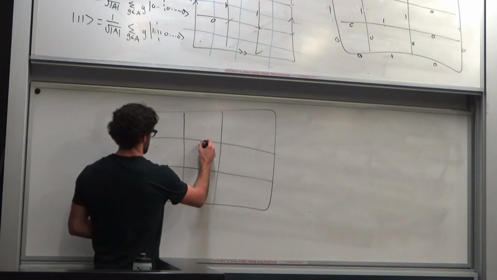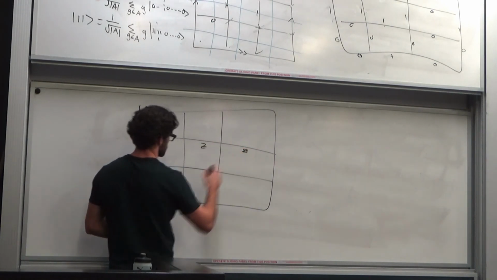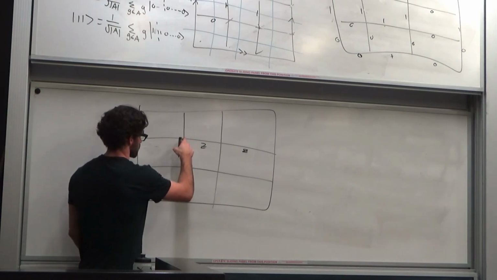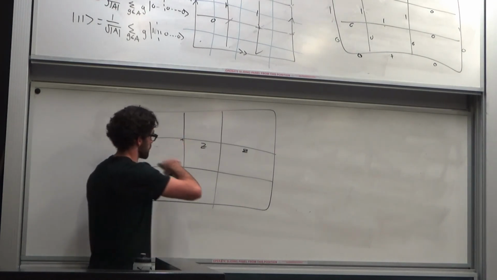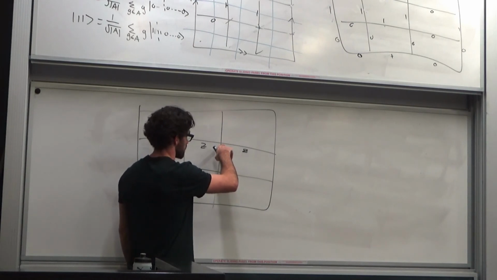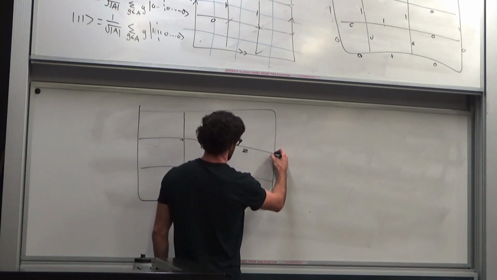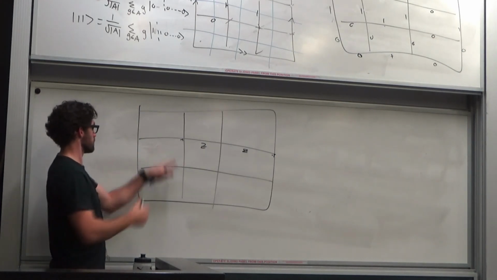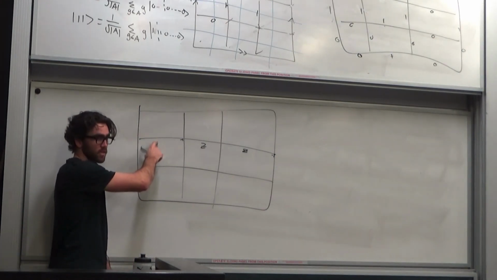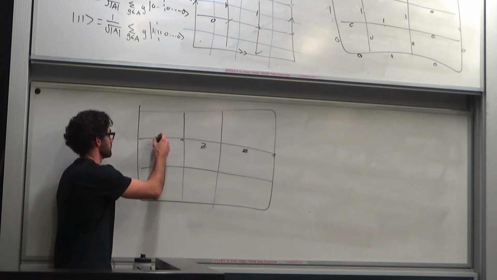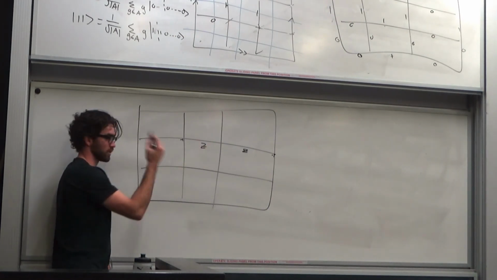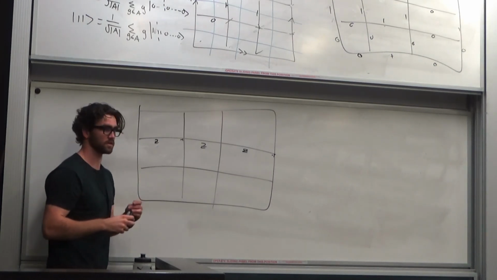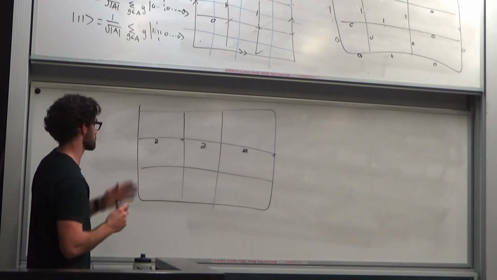If a Z error occurred here and here as well, we see a -1 at this vertex operator, -1, -1 cancels, so we don't see anything here, but we see a -1 at this one as well. We could have thought maybe a Z error occurred here and correct by that error. But if we do that, that actually acts upon the code subspace and gets you back to a different vector in the code subspace. So that's a logical operation.